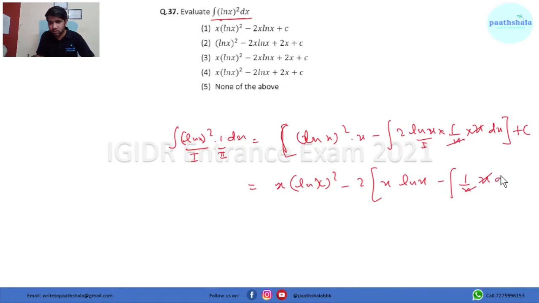So x and x get eliminated, plus c. So when you solve it further, you will get x ln x whole square minus 2x ln x plus 2, and integration of 1 is x, plus c. So if I go by choices, you can see that option 3 is the right option. Okay, now let's move to the next question.